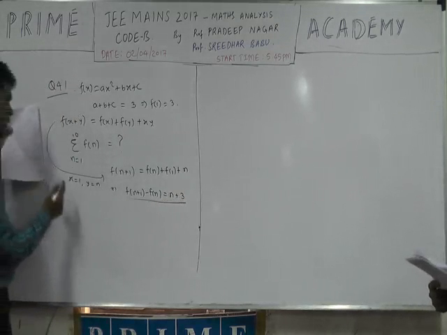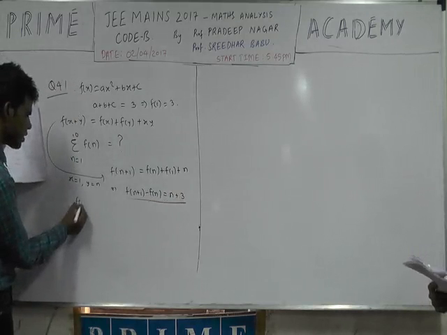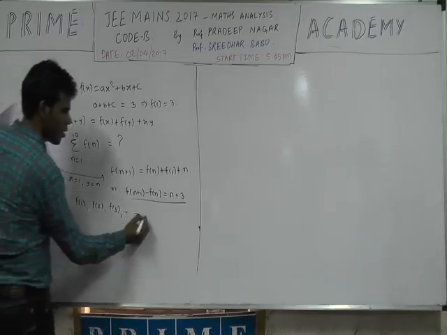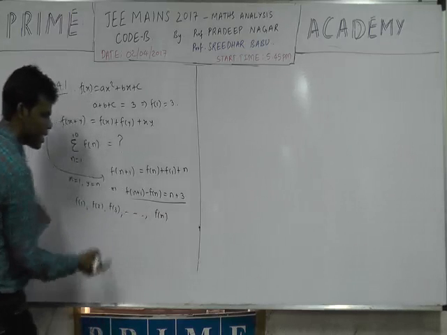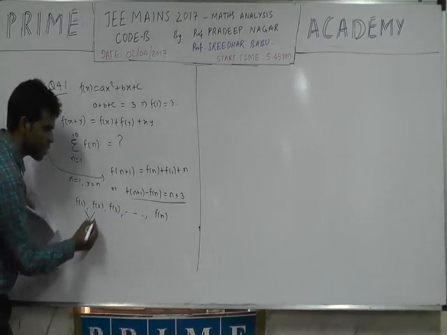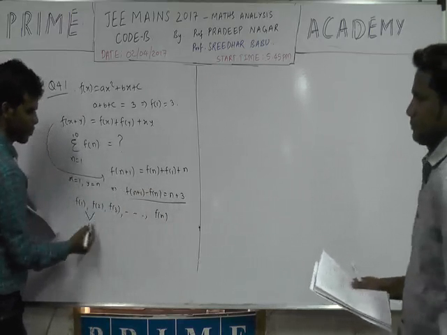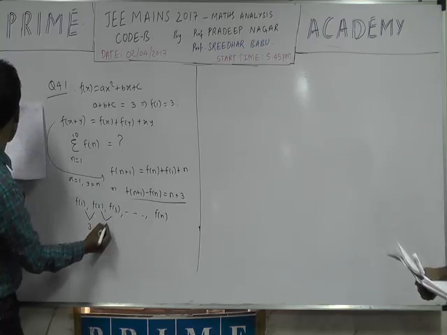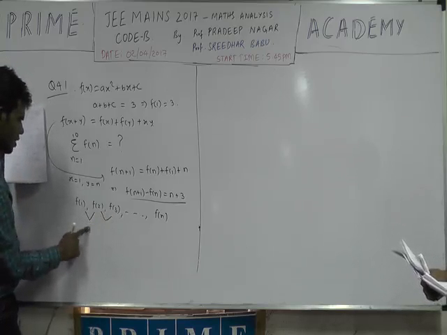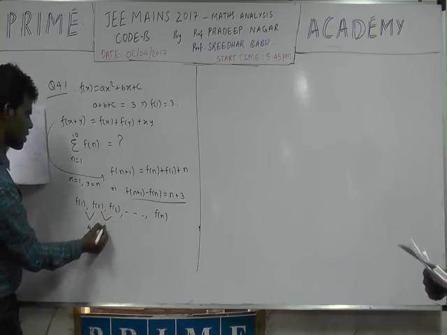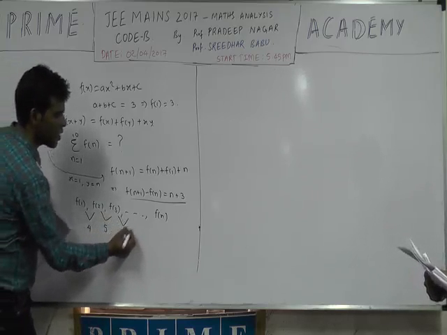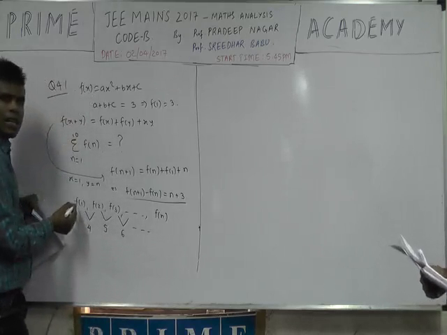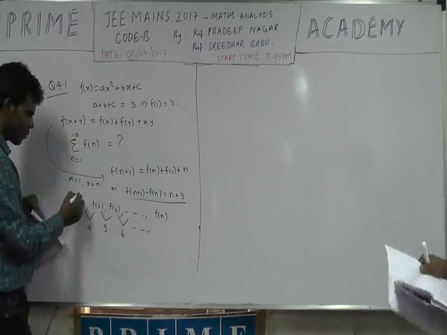From this we can understand what kind of sequence this is: f of 1, f of 2, f of 3, f of n. We can see that the difference of these two terms is nothing but 3. The difference between these two terms is 4, this difference is 5, this is 6, and so on. Here we will have n minus 1 terms, and this is 3.